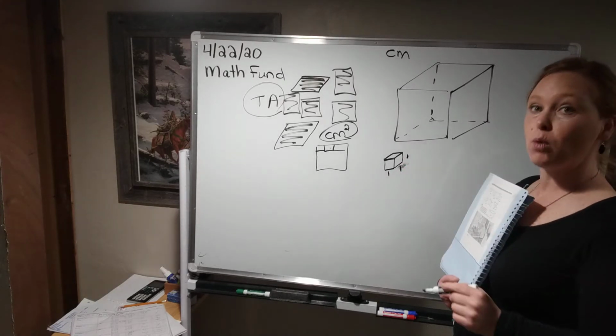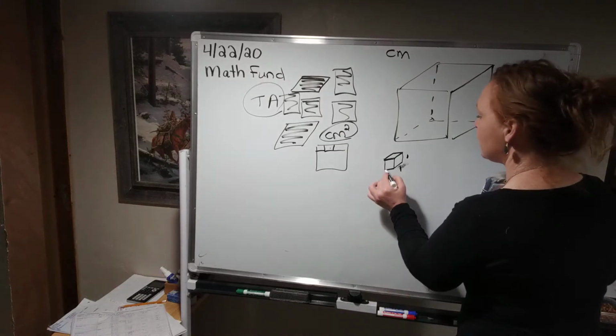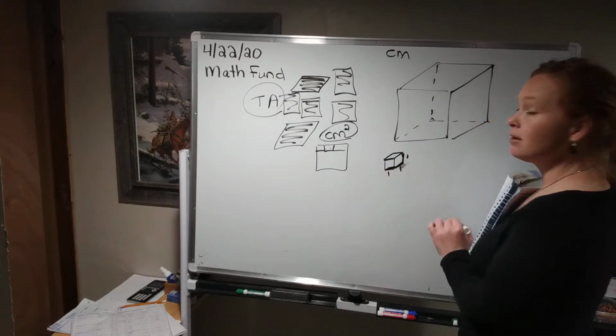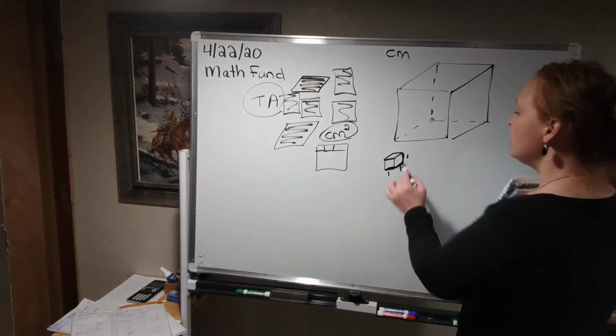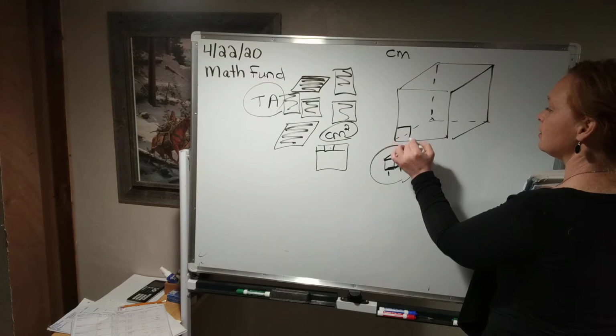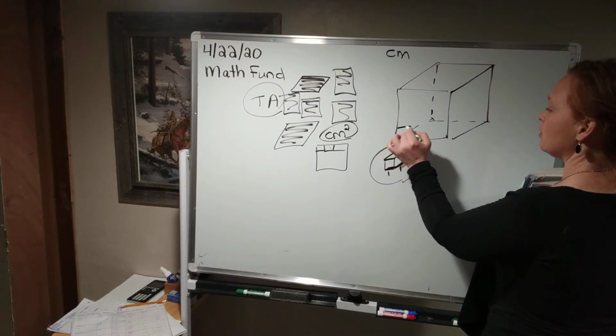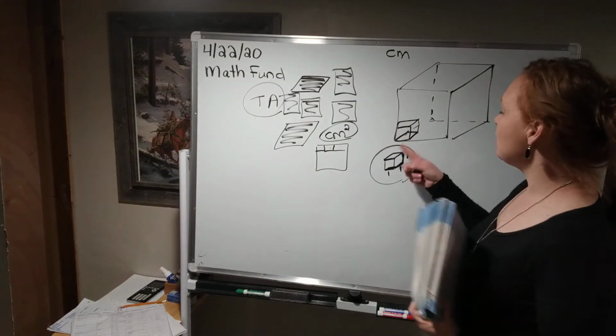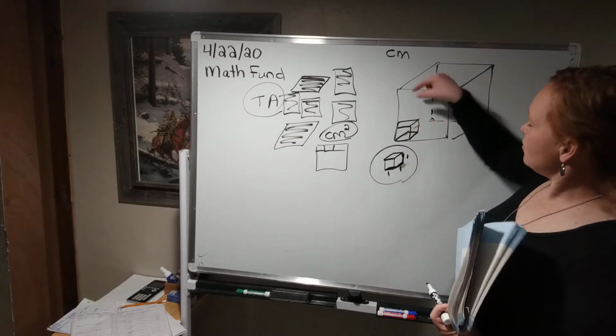So it's a 1 by 1 by 1 cube, because we have to have the width, the length, and the height to find the volume, okay? So I take my 1 centimeter cube and I put it inside. Something like this, okay?